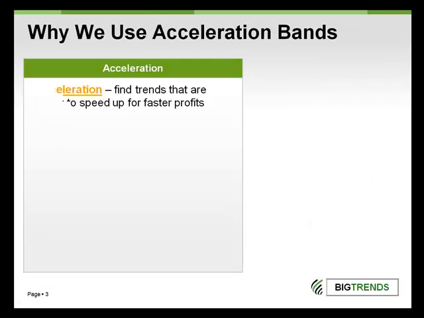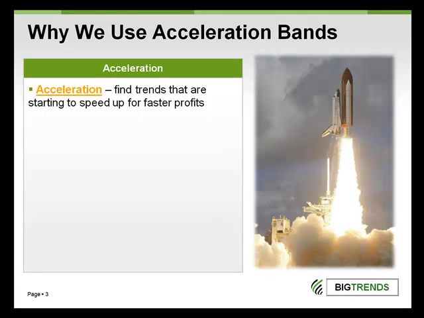Okay, so a little bit of background here. Let's just talk about acceleration bands. Now, clearly the term acceleration means strong, right? When we talk about trading options and trading trends in stocks and indexes and ETFs and Forex, and so forth, we're really trying to find the strongest trends. Well, acceleration bands are doing exactly that.